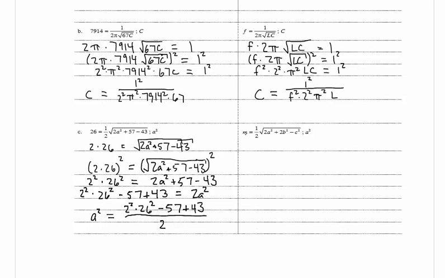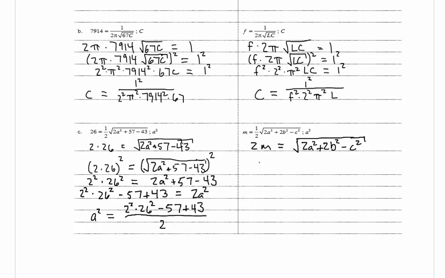In the next example, we have m is equal to 1/2 times the square root of 2a squared plus 2b squared minus c squared. And we're solving for a squared again. So just like the last example, we're going to start by multiplying both sides by 2. So I have 2m is equal to the square root of 2a squared plus 2b squared minus c squared.